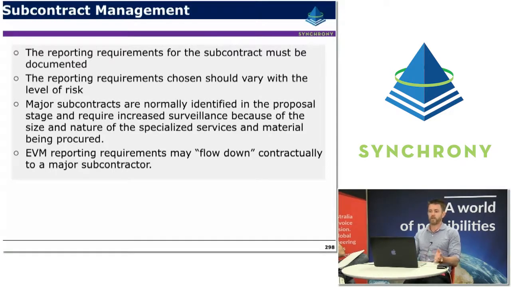So major subcontracts are normally identified in the proposal stage and require an increased level of surveillance and reporting because of the size and nature of the work or the services being procured. And EVM reporting may flow down contractually to a major subcontractor, whereas some of the simpler vendors, earned value reporting requirements may not be necessary.